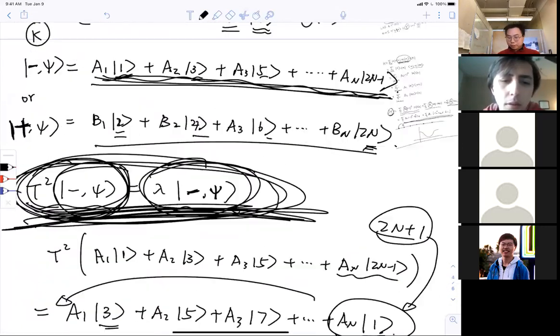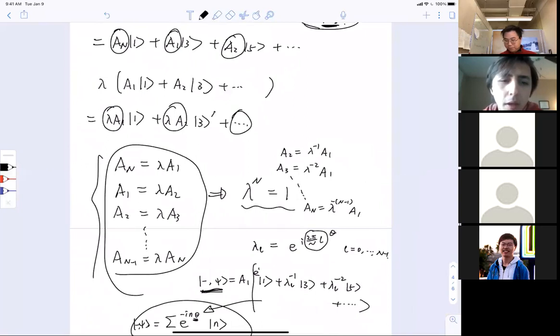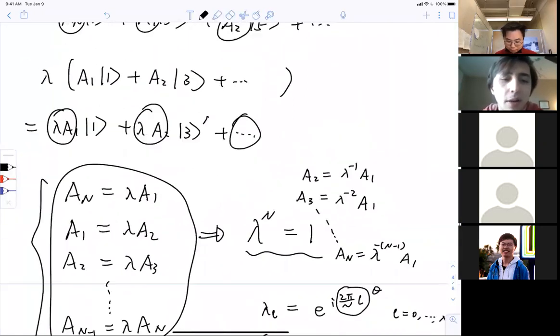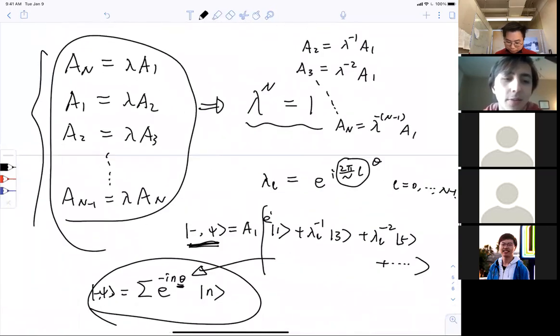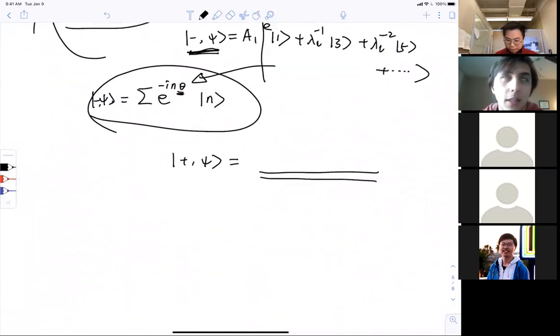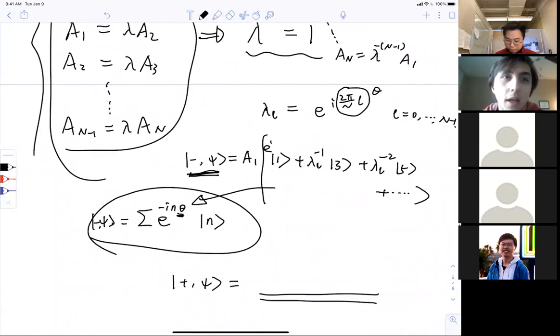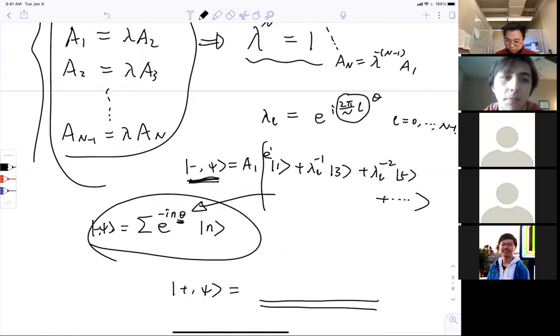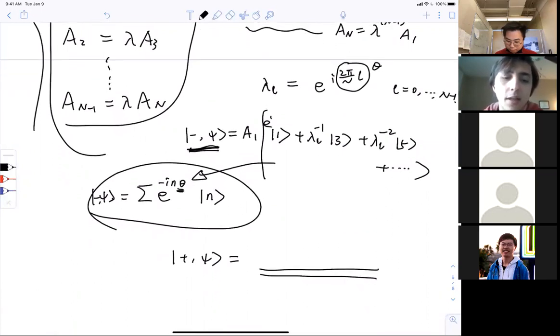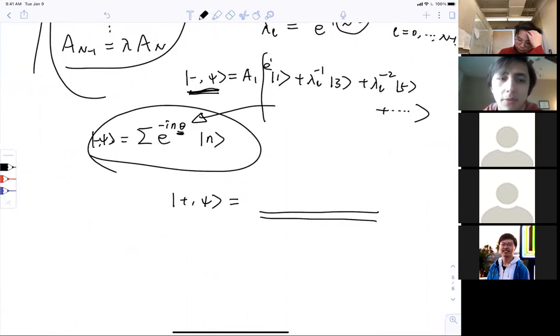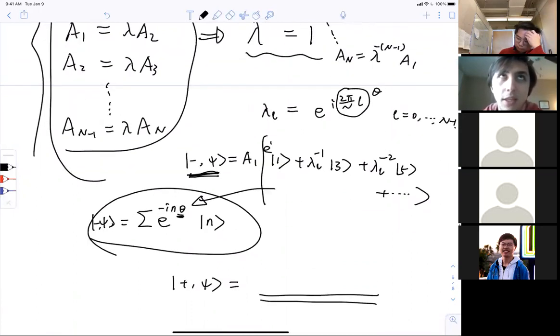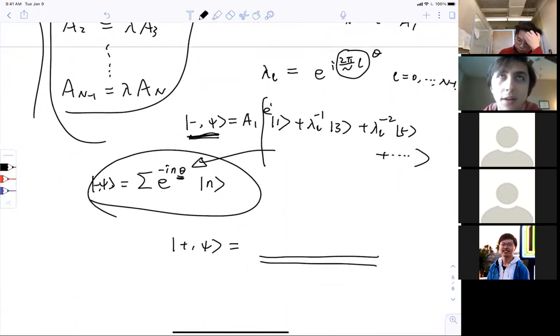Any questions? I have a question. Previously you said that A1 plus A2 plus A3, etc. is equal to 0. But I think that works only if capital N is an even number. For example, if you take just A1, A2, A3, you have e to the negative i, what is it, 2 pi over 3?